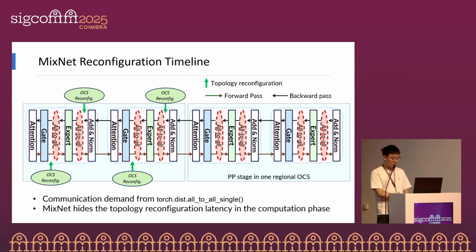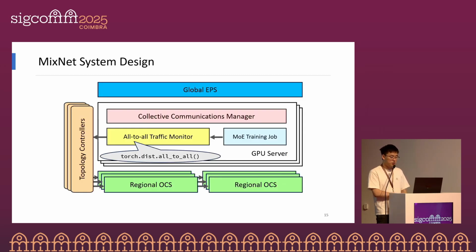For the backward pass, things are much simpler, because its demand is the same as that in the forward pass, so we can just reconfigure the topology in a later layer of the attention computation. For the details of the reconfiguration algorithm and the prediction algorithms, please refer to our paper.